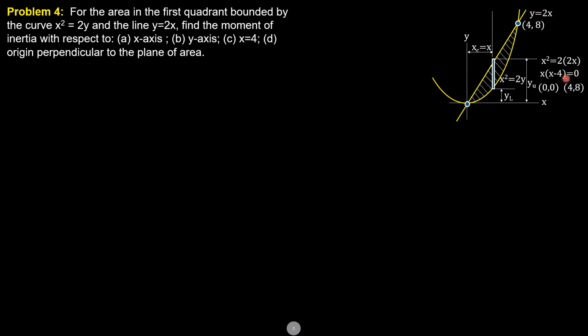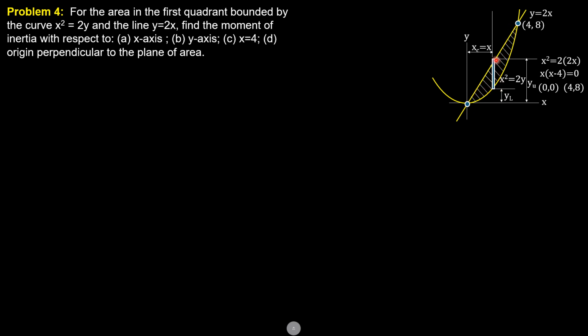So x times x minus 4 equals 0. That means x is 0, y is 2 times 0, so 0, the origin. And the other one is when x is 4, then y is 2 times 4, 8. So these are the points of intersection. This is the shaded area.